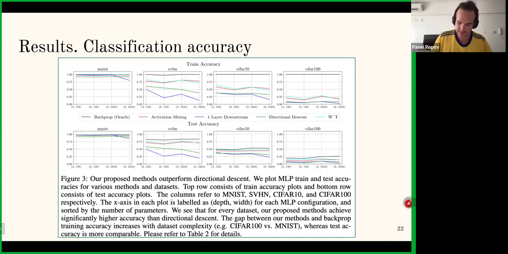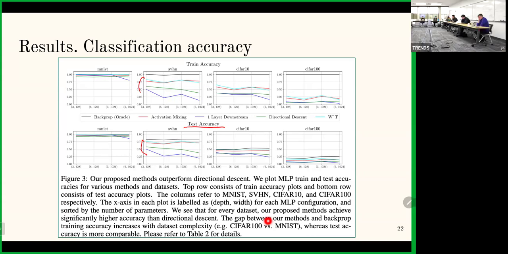But when we see the test accuracy, these methods are not as good as backpropagation, but they are not as bad as they were on training. So even though training is not that good, the generalizability is not as bad as we could have expected.